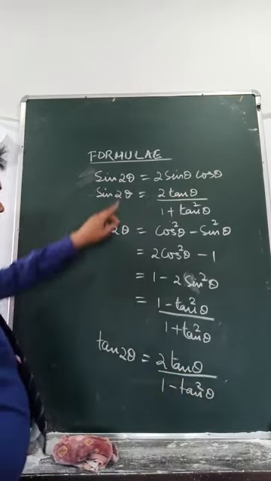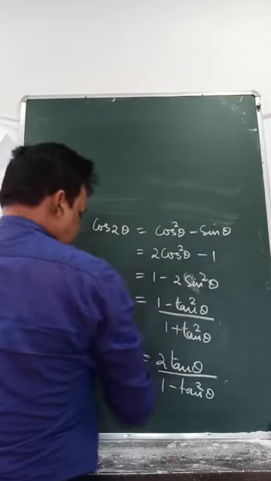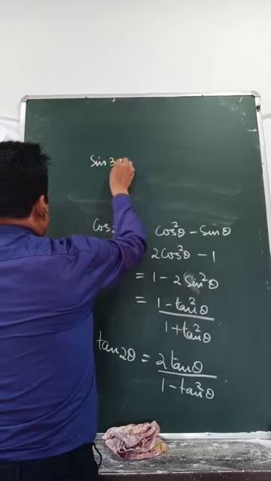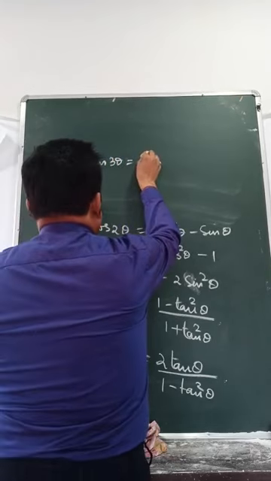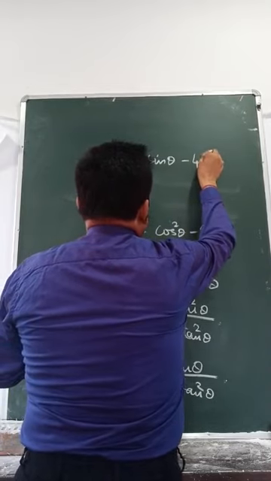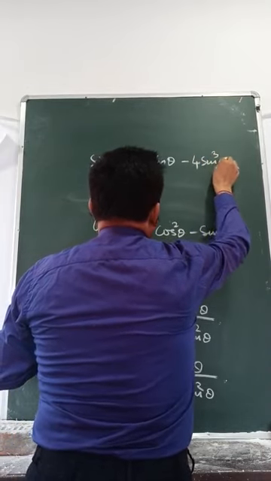Now we will take the 3 theta angle. Sin 3 theta is 3 sin theta minus 4 sin cube theta.